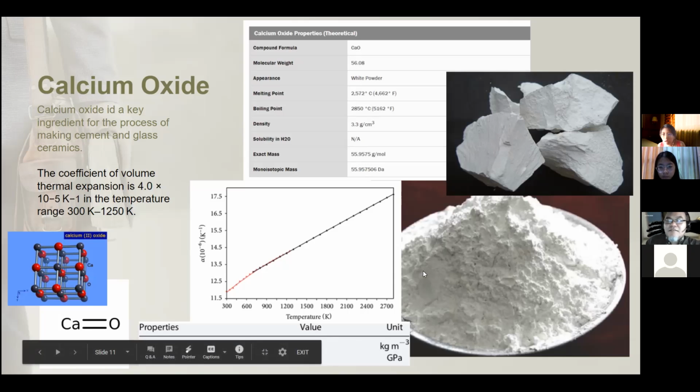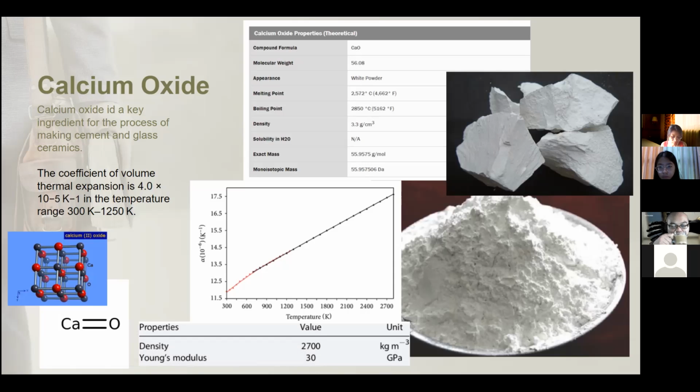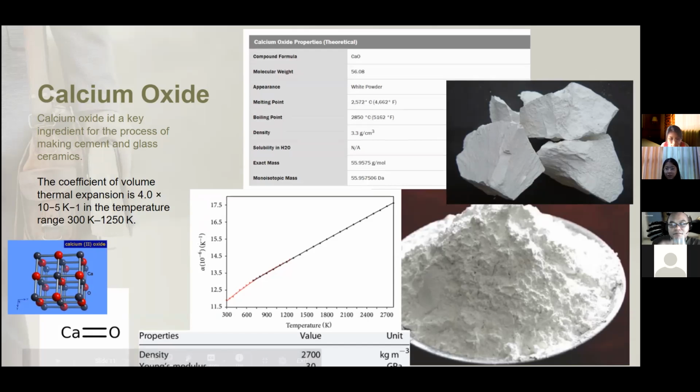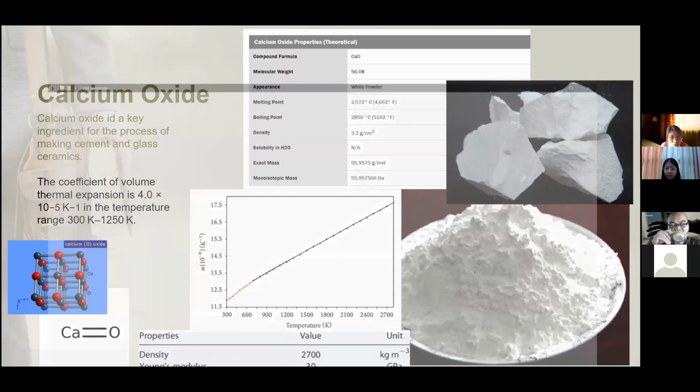What is the electronegativity of calcium and of oxygen? The electronegativity of calcium is 1.